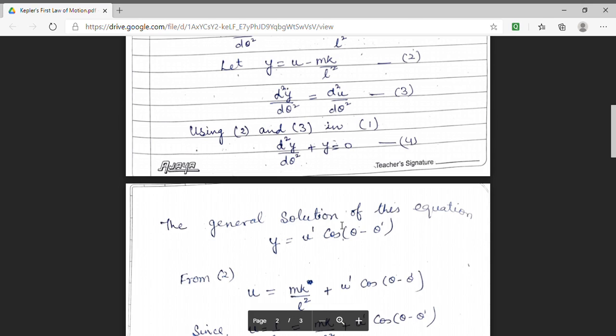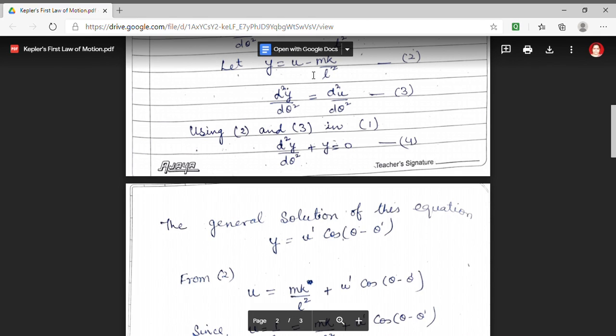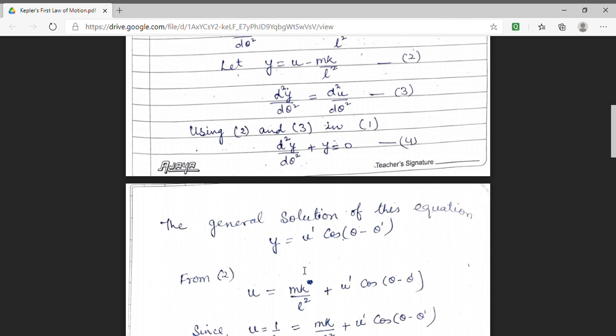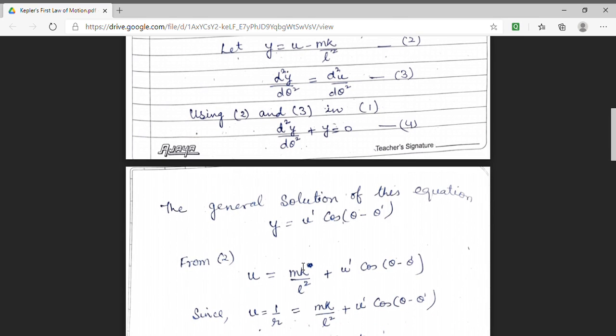Now I can find the value of u. Since u is y plus mk upon L square, I can obtain my u, and using this u, I will find the value of r. u will be equal to mk upon L square plus u dash cos (theta minus theta dash).